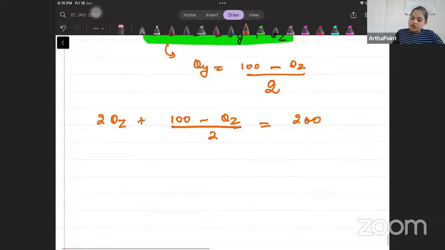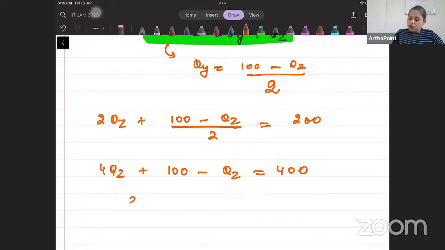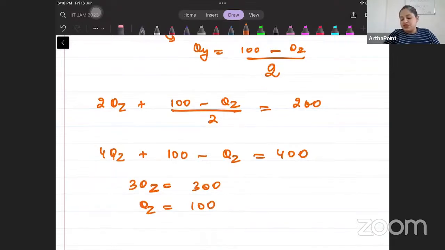If I solve this, I should get 4 QZ plus 100 minus QZ is equal to 400. 3 QZ will be 300. QZ will be 100. So QY will come as 0 in this case. So you will have QZ as 100 and QY as 0. This will be the answer to this question.